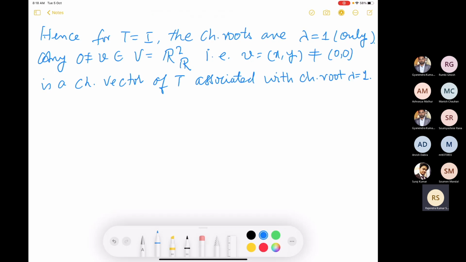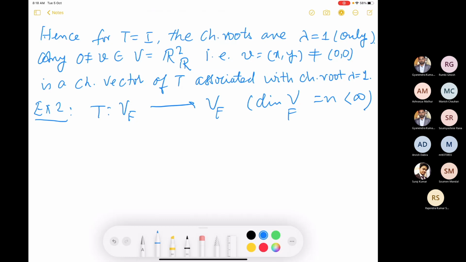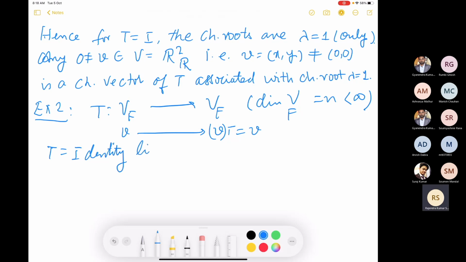Now this example can be extended. So example 2: let us say T from vector space V over F to V over F, and let us take the dimension of vector space V over F to be n, finite, and V goes to Vt, and Vt let us say is V for all V. Then this T is again a linear transformation, the identity linear transformation.